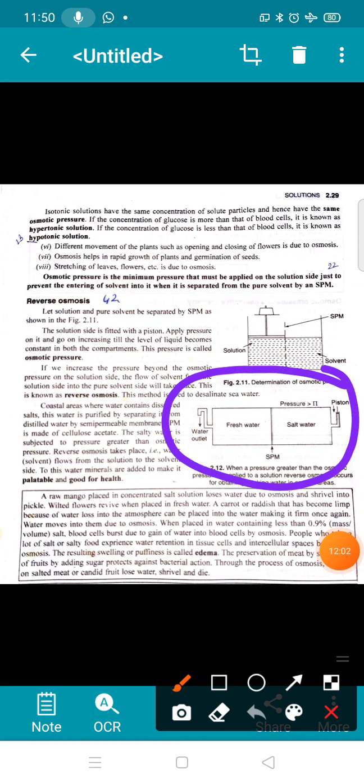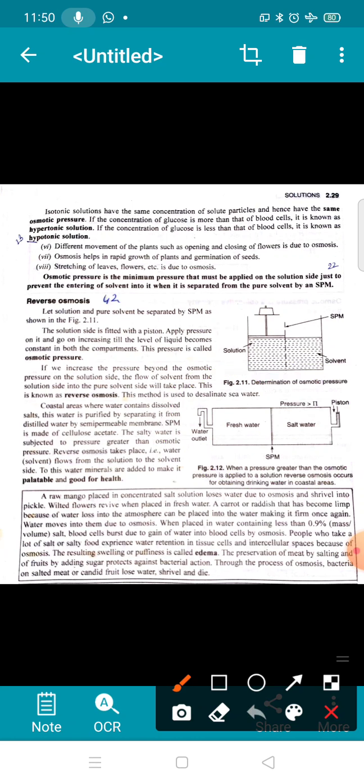In a reverse osmosis plant, huge tanks are built; in one chamber fresh water is taken, in another chamber salt water from the sea is taken, and from this limb a lot of pressure is applied. The pressure has to be greater than osmotic pressure.